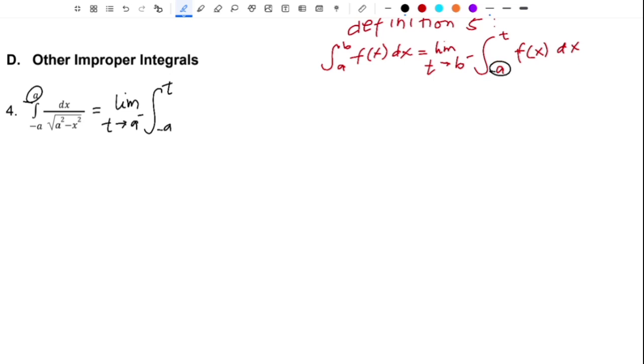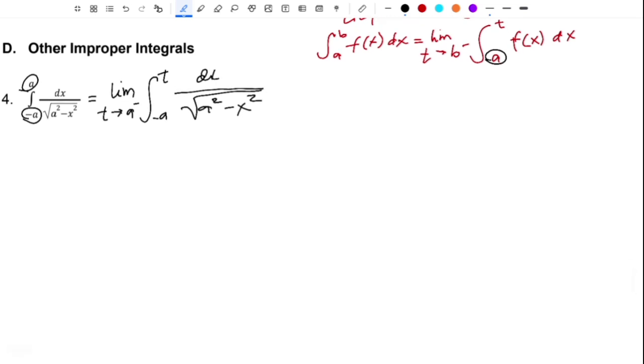The a here is our a, and our negative a here is the value for our lower limit. Copy our given dx over the square root of a squared minus x squared. There.